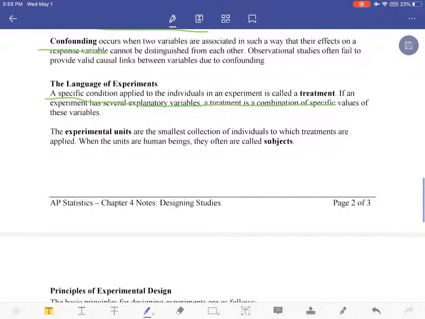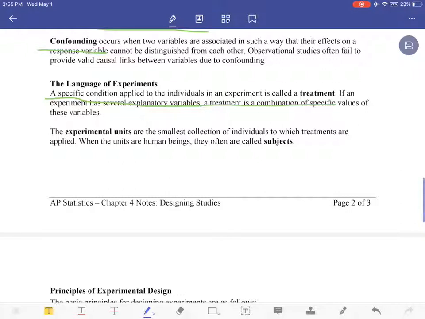So for example, if I was doing the experiment where I'm giving you the pill to see if that helps you get taller over the course of 2 months, the pill and the placebo, those would be the treatments that I give out randomly to each group. So a treatment is what the researcher assigns to the individuals in the study that they think is going to influence the results.